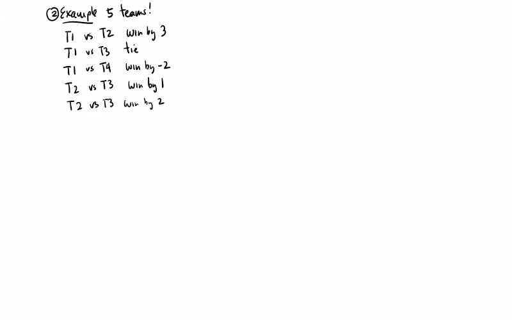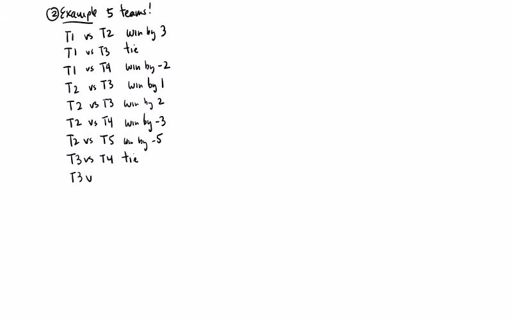We want a bunch of games to make this a little bit more realistic. Team 2, Team 4, win by -3, or a loss if you like. Team 2 versus Team 5, win by -5, another loss. Team 3, Team 4, tie.